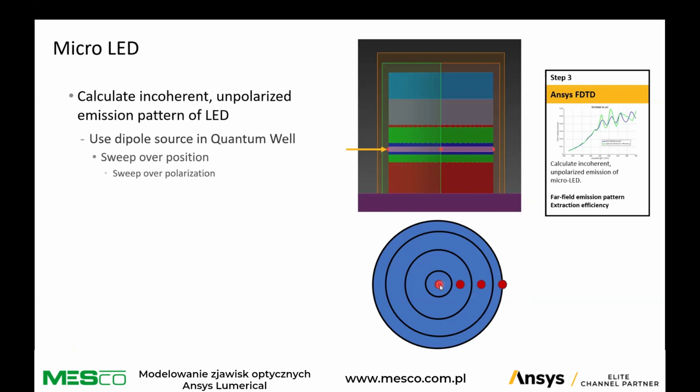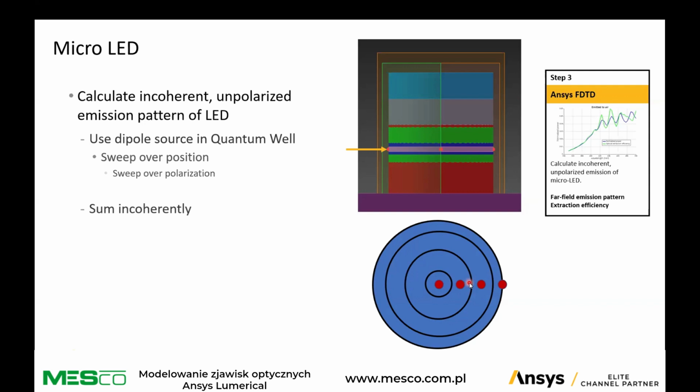Obviously, if your micro LED didn't have that cylindrical or revolution symmetry, we would have to run a sweep over the XY position of the dipoles, and that would increase the number of simulations, but the actual workflow would be more or less the same.